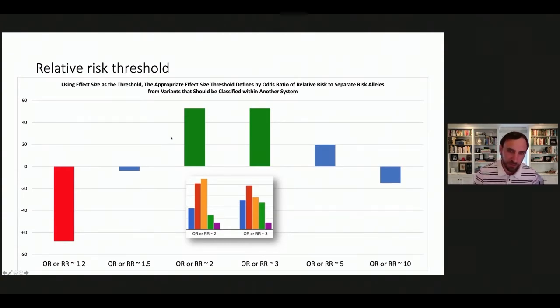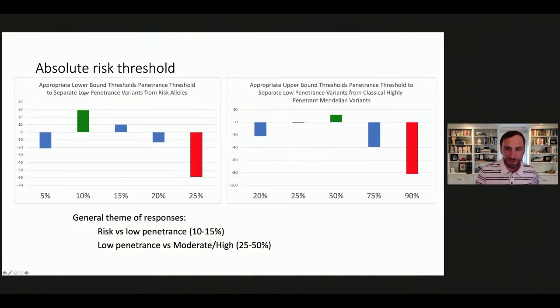So it's a kind of crude measure, but a way to look at the difference. You see these scores get fairly high. There's definitely less consensus for what the boundary should be between low penetrant versus higher penetrant or typical Mendelian variants, and risk versus low penetrant.